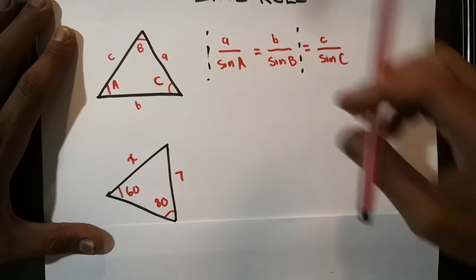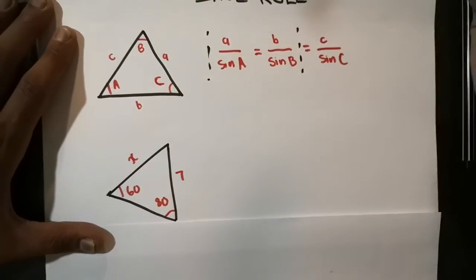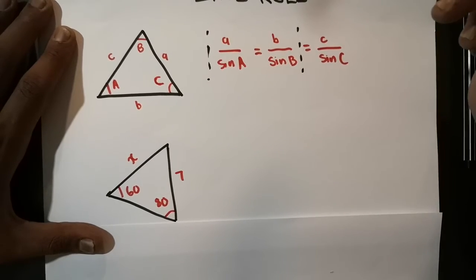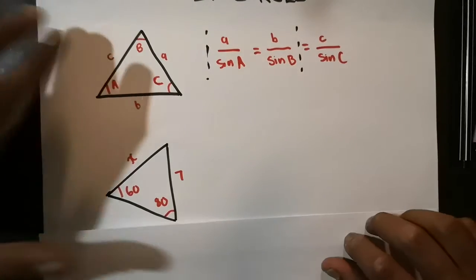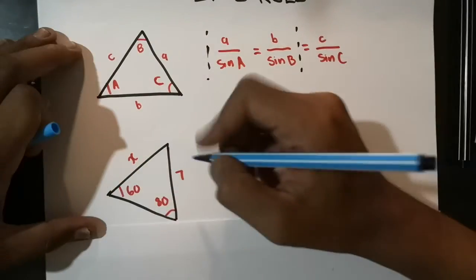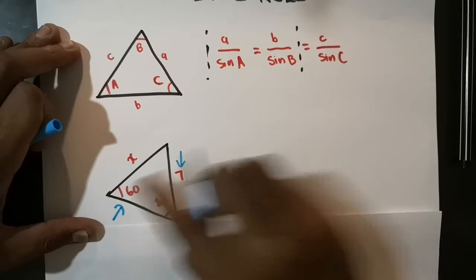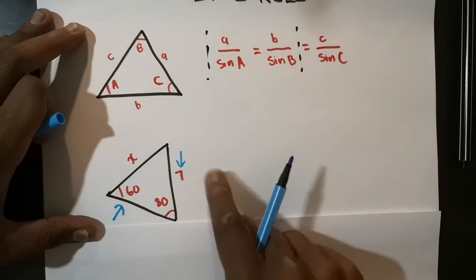When you do sine rule, always see what pair you have. You want the angle and the opposite length. That one must be your first pair. As we can see here, this and this will be your first pair, right? Angle, length.